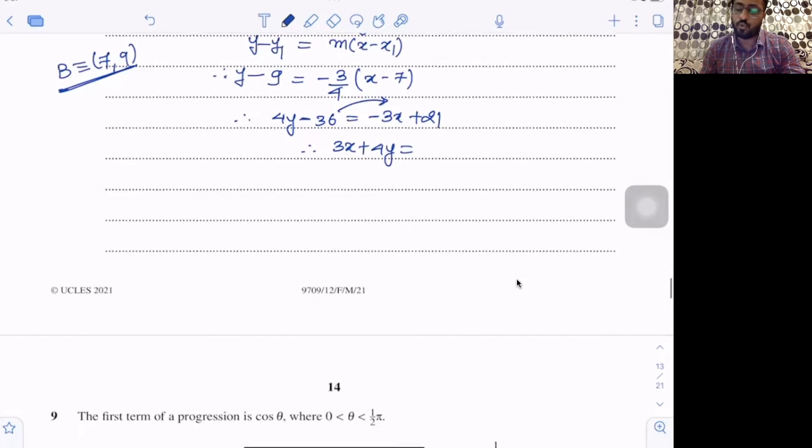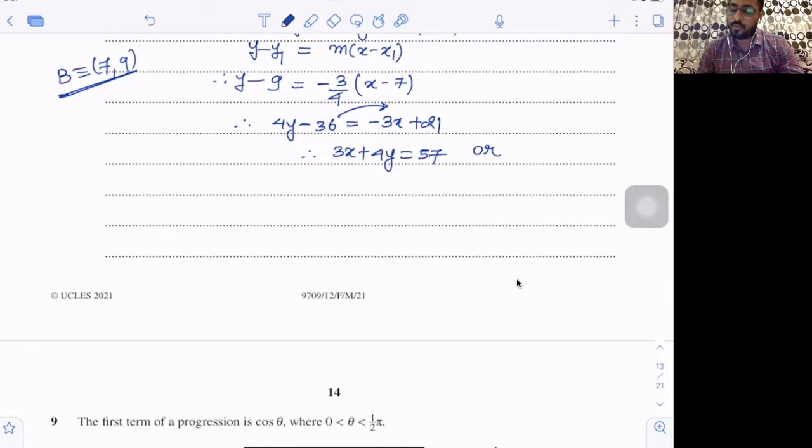So 3x plus 4y is equal to 57, or you can simply keep the equation as y is equal to minus 3 upon 4 x, right? And then minus 3 upon 4 multiplied with minus 7 would give me plus 21 upon 4, and the minus 9 goes on the other side, becomes plus 9.